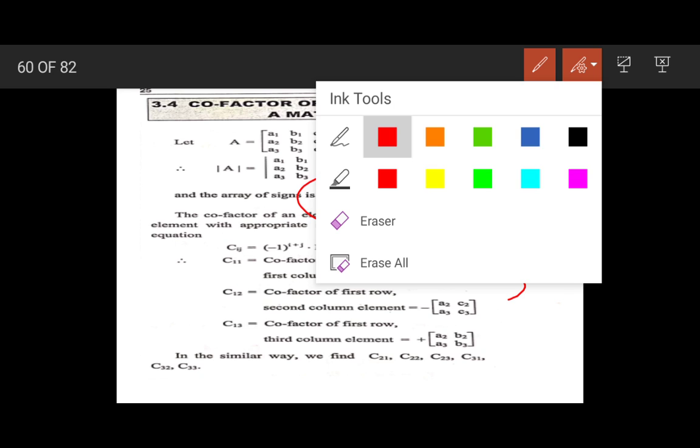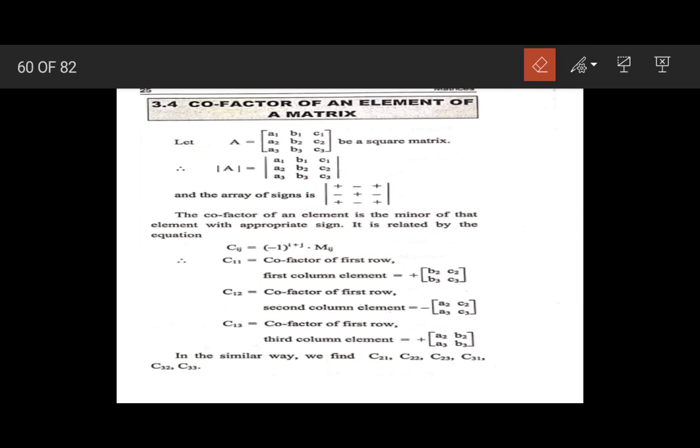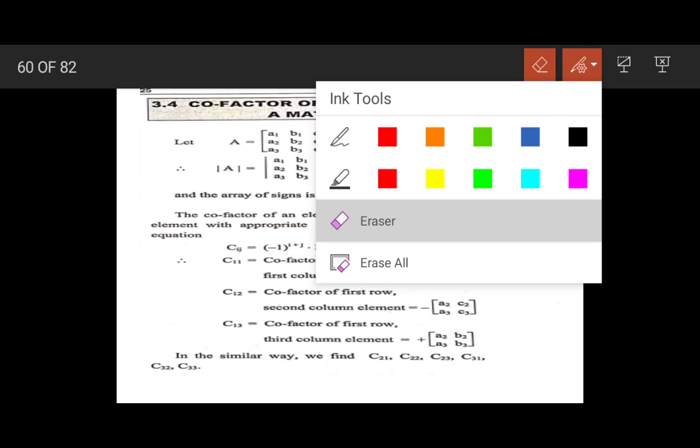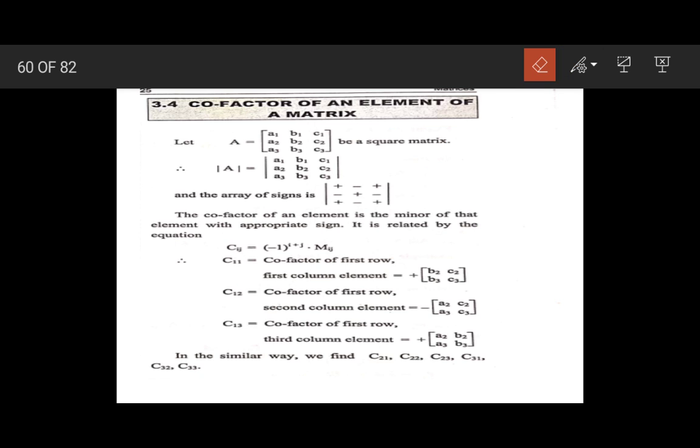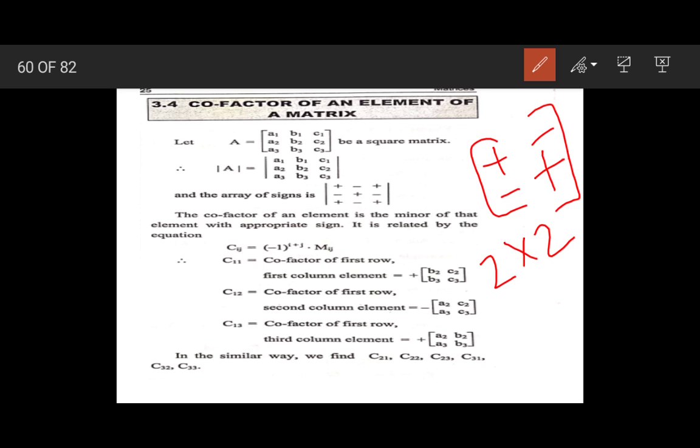Similarly for a 2 by 2 matrix, the sign will be plus, then minus, then minus, then plus, alternate sign. This is for a 2 by 2 matrix.